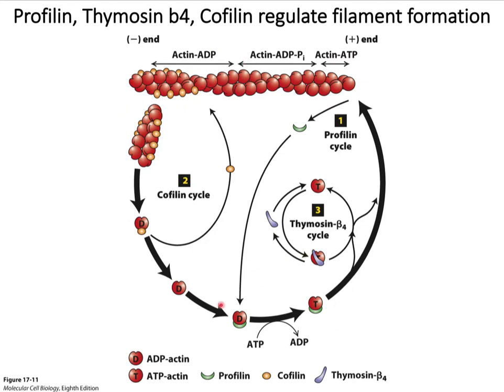So profilin has two functions: to charge the monomer with ATP and to prevent the charged monomer from binding to the minus end. So you remember we talked about in the first part that, for all intents and purposes, there is no growth at the minus end because the critical concentration is so high at the minus end. But another reason is that profilin prevents the binding of ATP G-actin to the minus end.